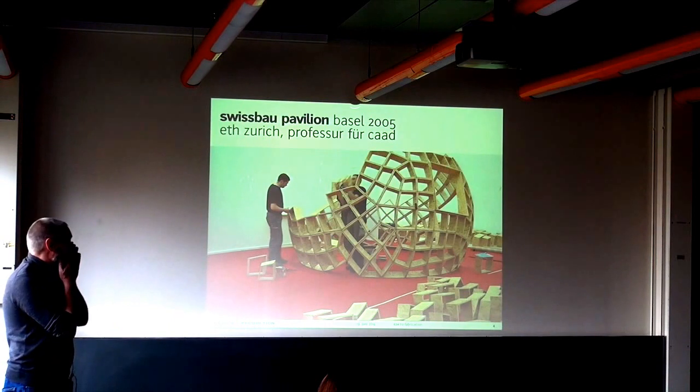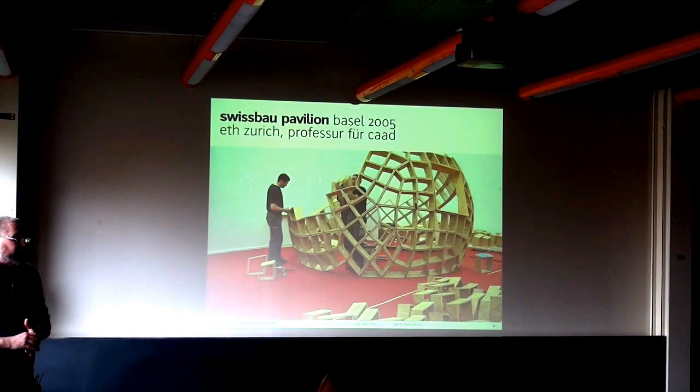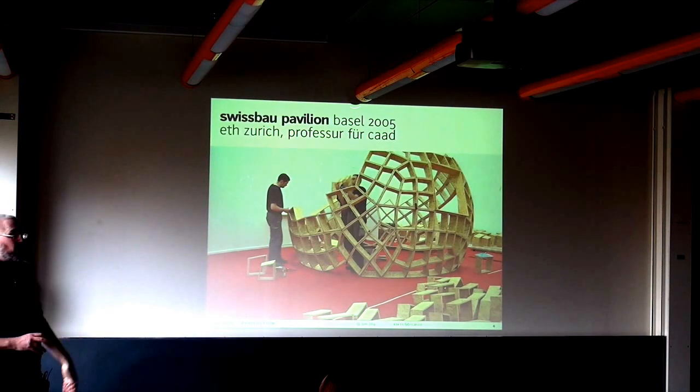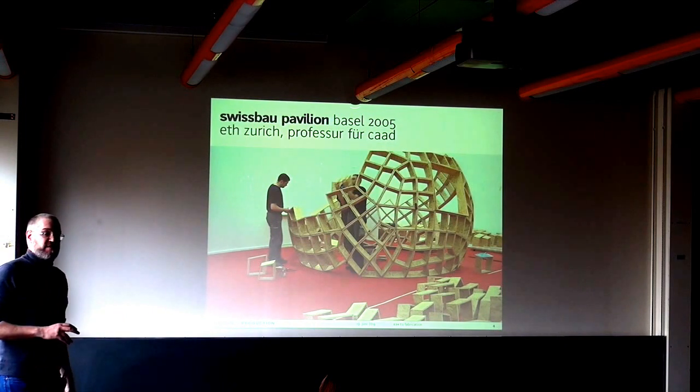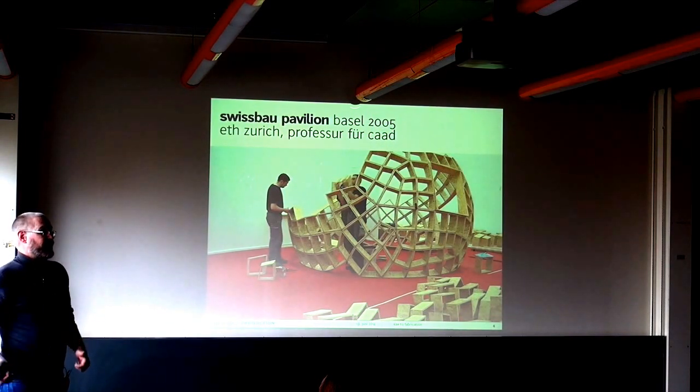This is the project where everything started. I was working as a research assistant at the ETH in Zurich for a couple of years for Professor Ludger Hovestadt at the Chair for Computer-Aided Architectural Design. And in 2005, we were asked to build a pavilion to show the possibilities of the digital chain, which means a completely digital process from design into fabrication.